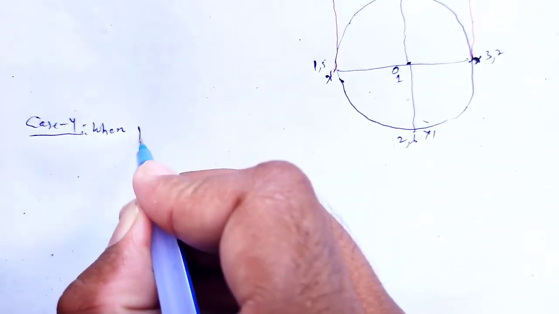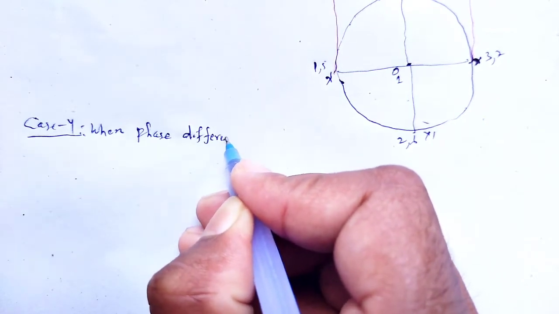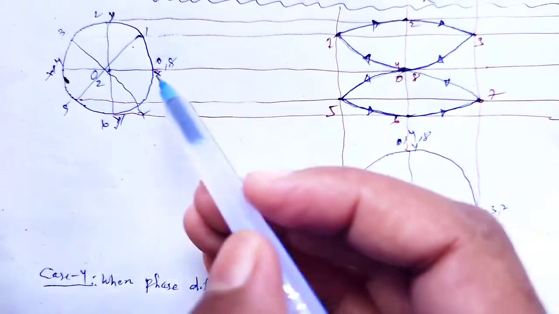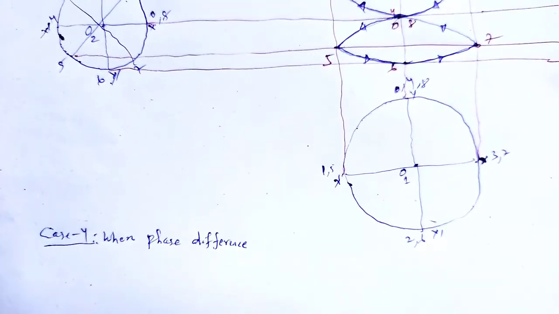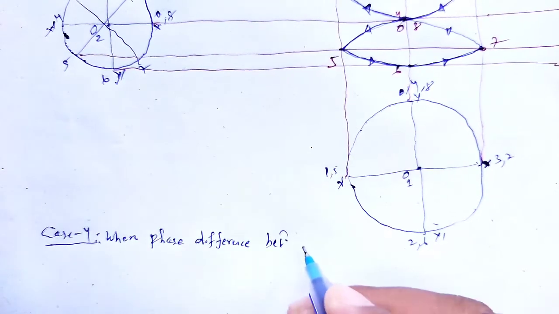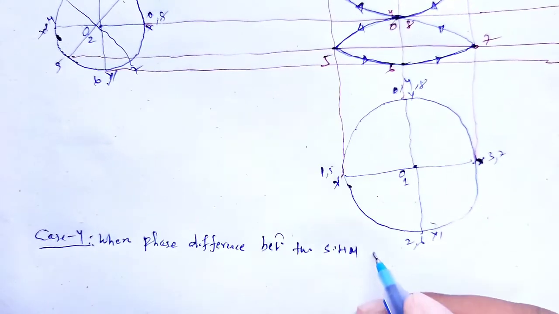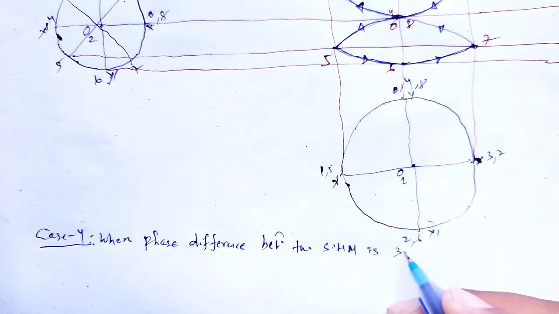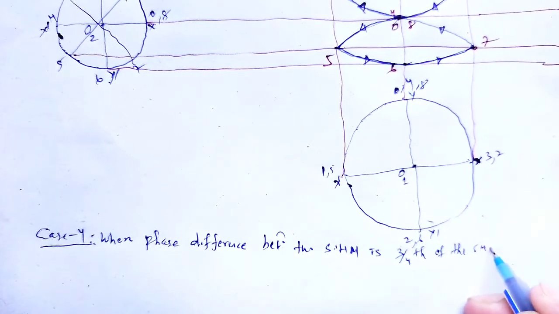When the phase difference, here the position is 0, here the position is, that is the half phase difference between two SHM is 3/4 of the smaller time period.